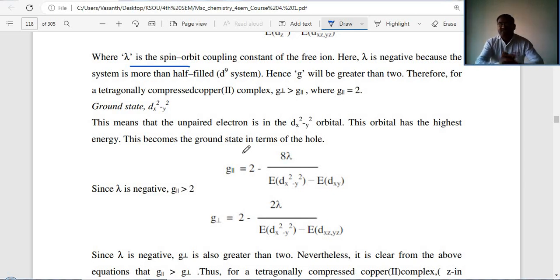Where lambda is the spin orbit coupling constant of the free ion. Here lambda is negative because the system is more than half filled. Since the g value will be greater than 2.